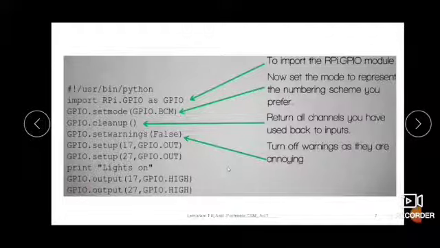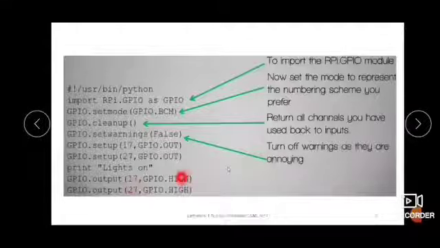After that, GPIO.output(17, GPIO.HIGH). So here you are giving the output on pin number 17 as GPIO.HIGH. So on pin number 17 the value will be high, so that it will make the LED which is connected to pin number 17 glow.